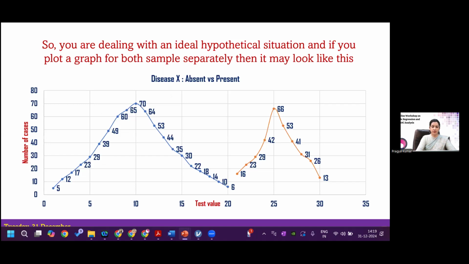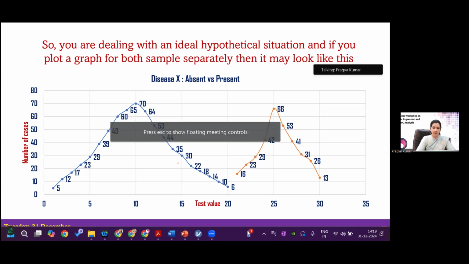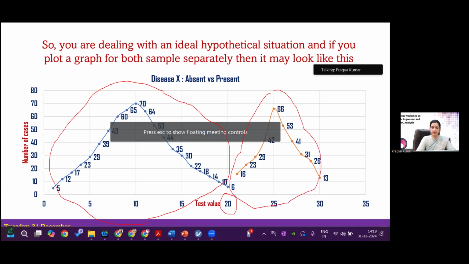So this is the graph of those test values, and this is the cutoff. Here I have put the cutoff at 20. These are the healthy people because the value is less than 20, and here it is the diseased ones.